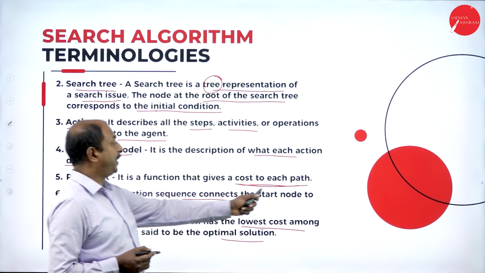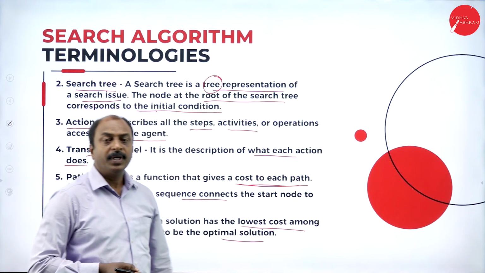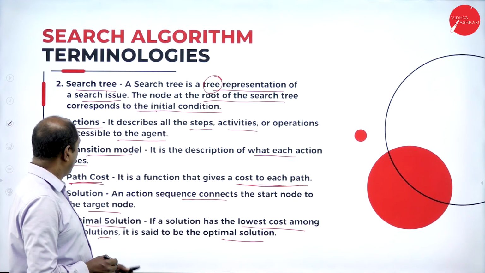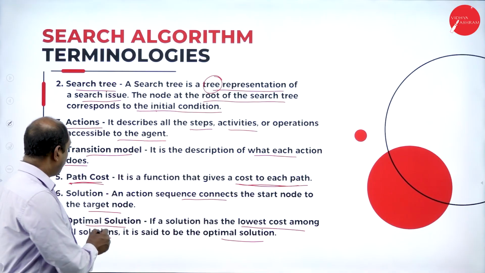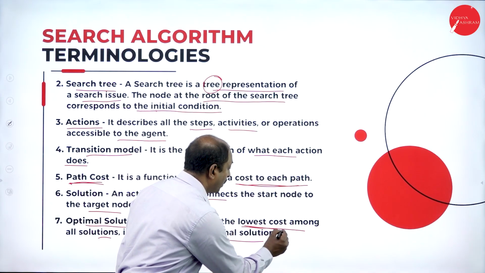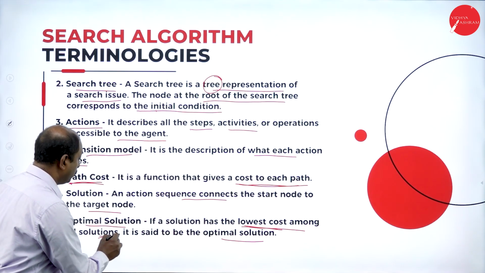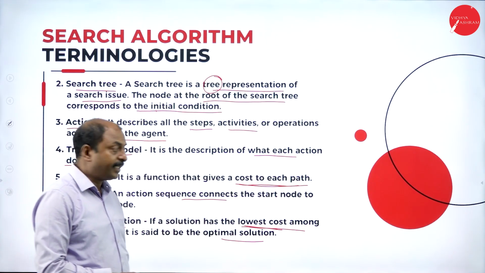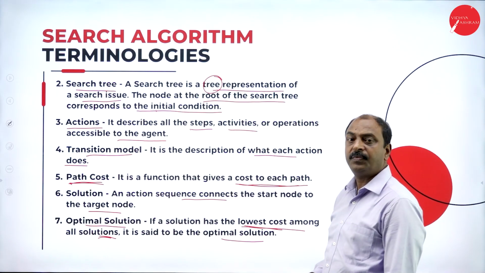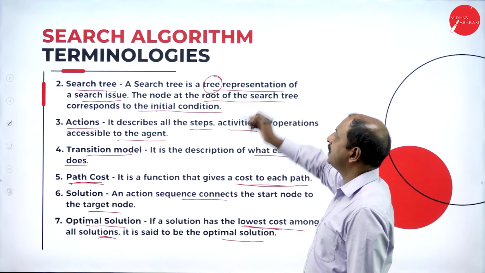It is nothing but the integer value given to each and every path in the search operation. Based on that, the optimal solution is the one which has the lowest cost among all the solutions available to the agent. So these are all different terminologies we use in artificial intelligence or in search algorithms.